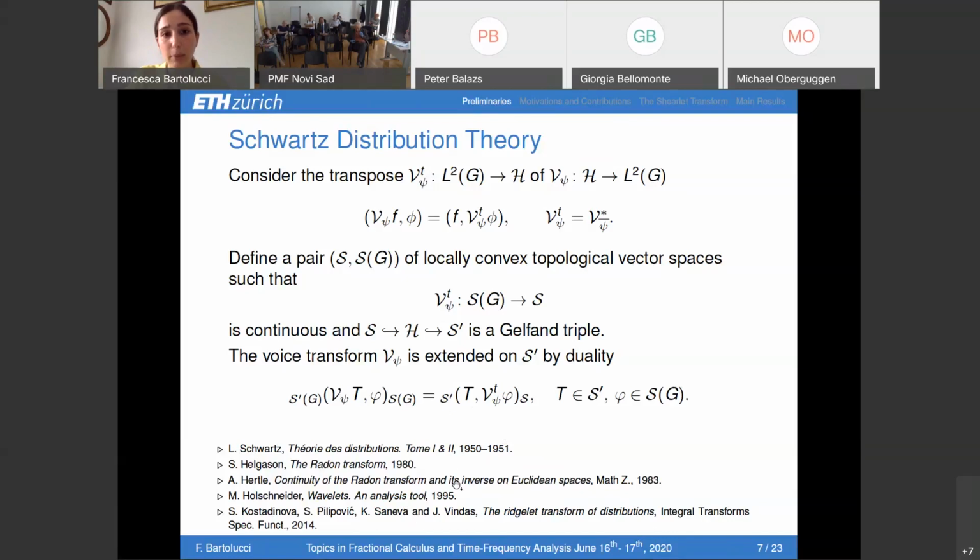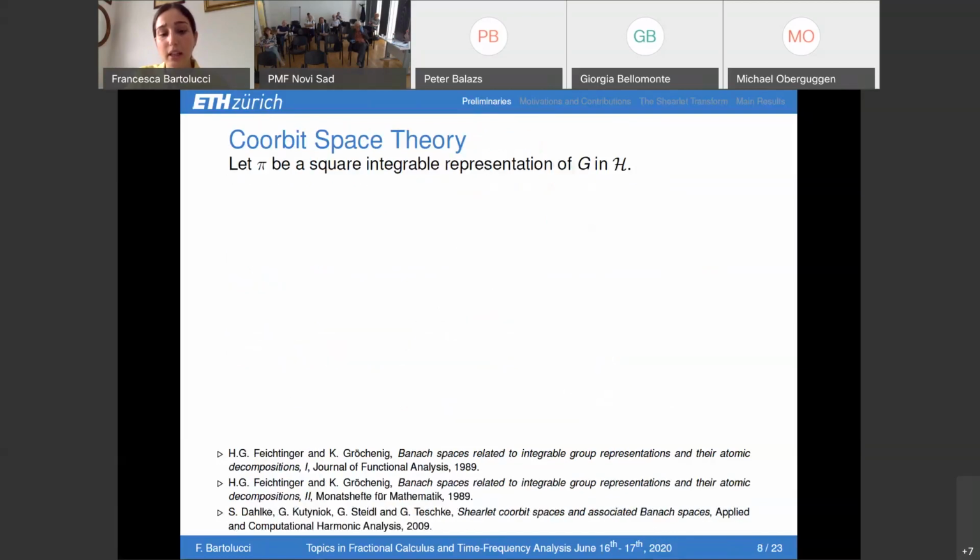The second approach to extend voice transforms from Hilbert spaces to generalized function spaces is the Coorbit space theory introduced by Feichtinger and Gröchenig at the end of the '80s.